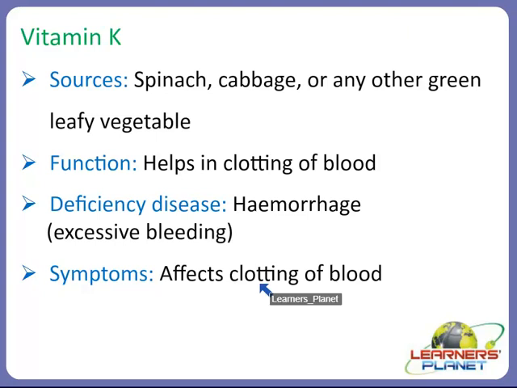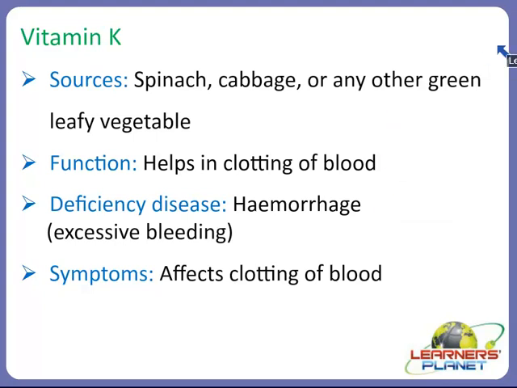But if there is no vitamin K, then obviously excessive bleeding and loss of blood can take place from our body, right? Clotting of blood can take place when there is the required amount of vitamin K in our body, right? So students, in this way vitamins are very essential for our body, right?